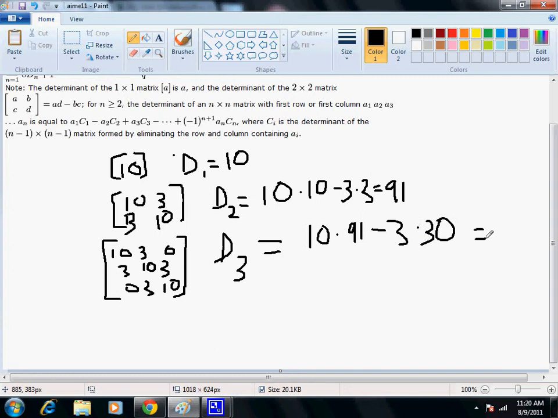So 910 minus 90, which is 820. Now, of course, we're looking for a pattern between the determinants, but there's not an obvious one.